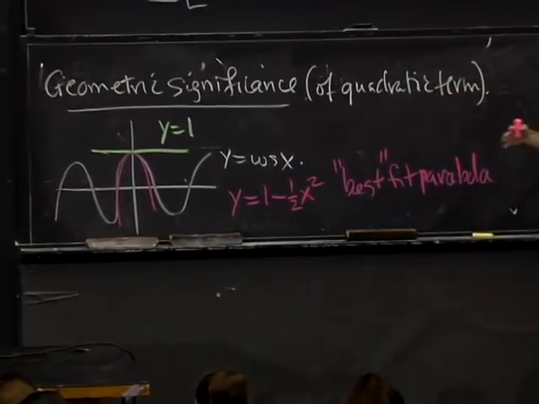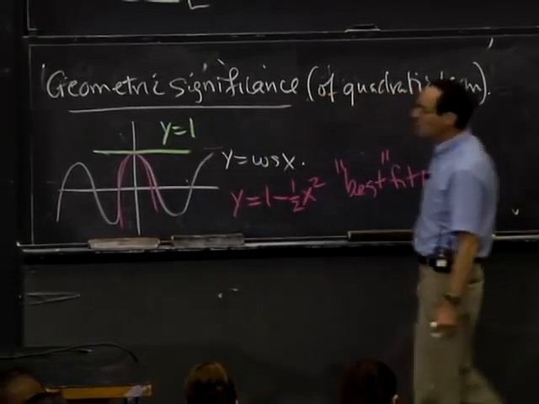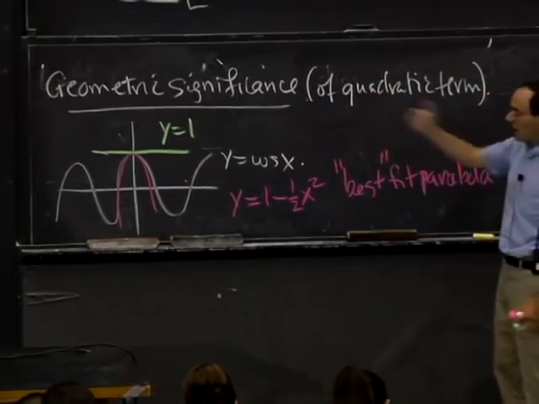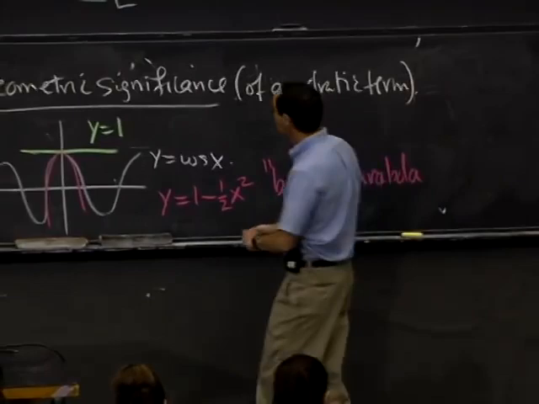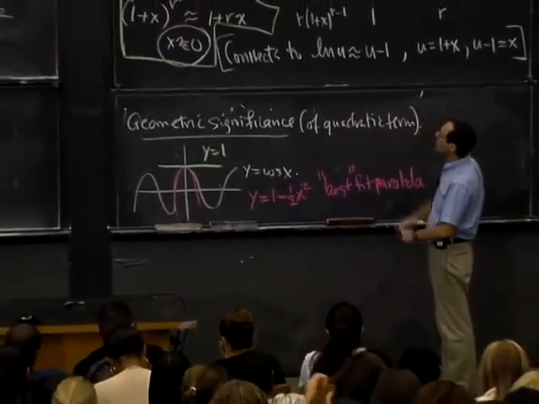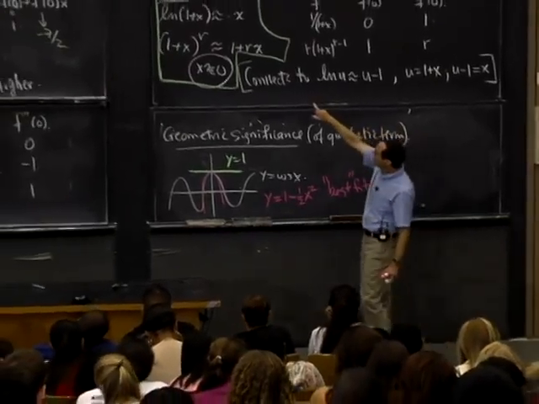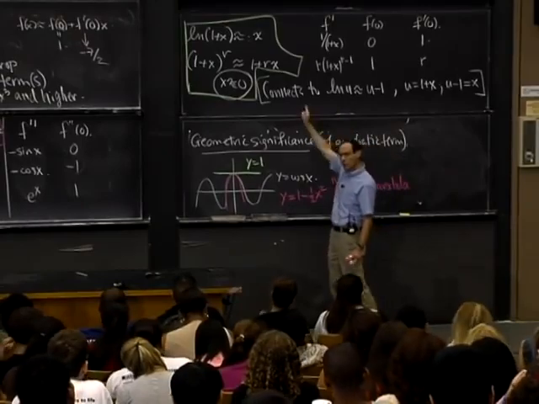So it's going to be the closest parabola to the curve. And that's more or less the significance. It's much, much closer. All right. I think we'll save these other derivations for next time because I think we're out of time now. So we'll do these next time.